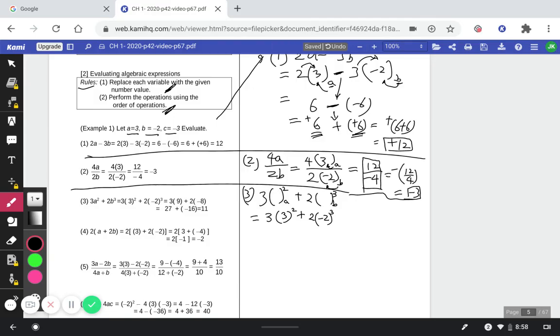If you do order of operations, you're supposed to find the value of exponents first, right? So that becomes 3 times 9, because 3 squared is 9, and 2 times negative 2 times negative 2 times negative 2 because you cubed that, and many students make a mistake here. So what is negative 2 times negative 2 times negative 2?